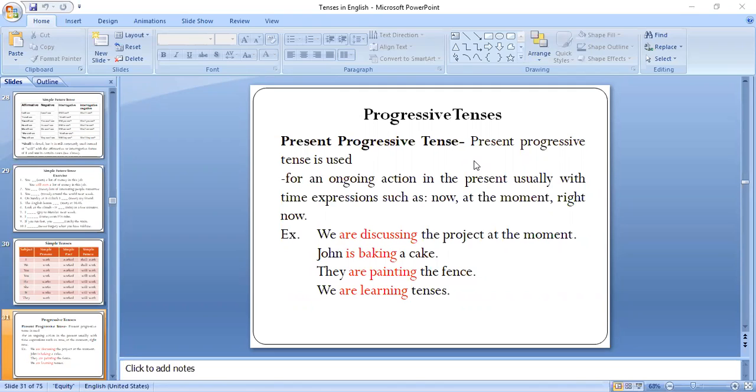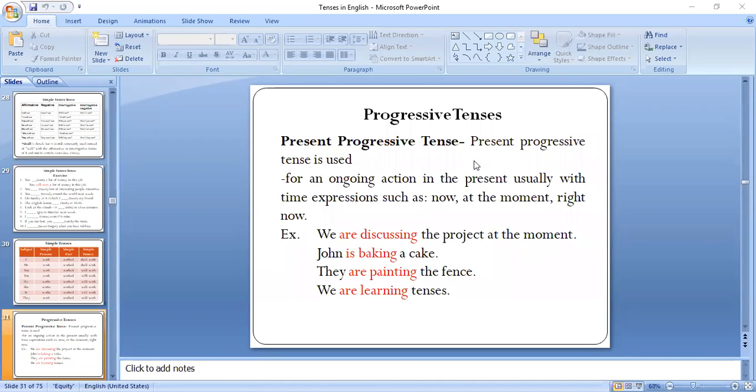Okay, let's see it with an example. The first example is, we are discussing the project at the moment. So this is the ongoing action. This action hasn't stopped.